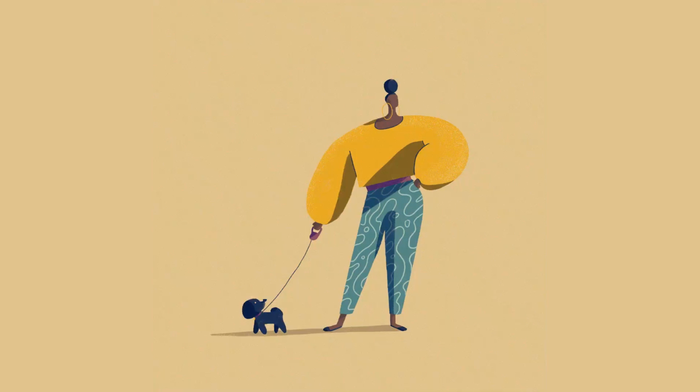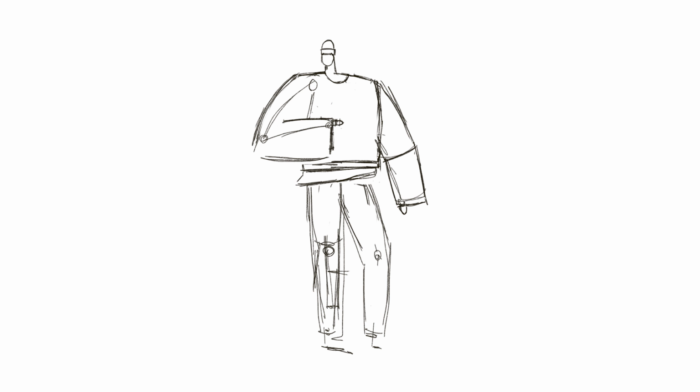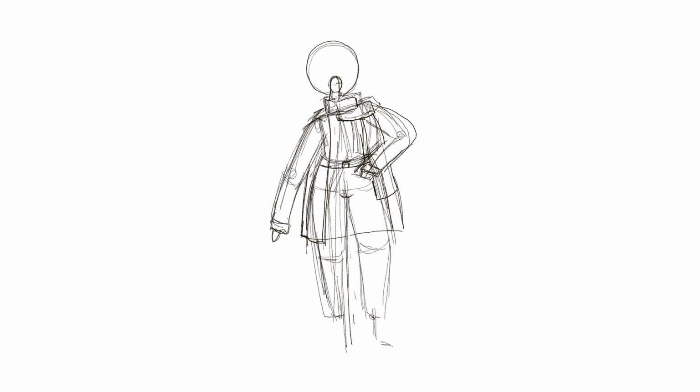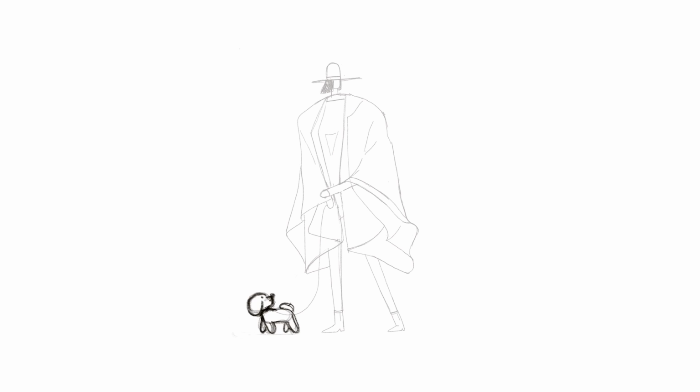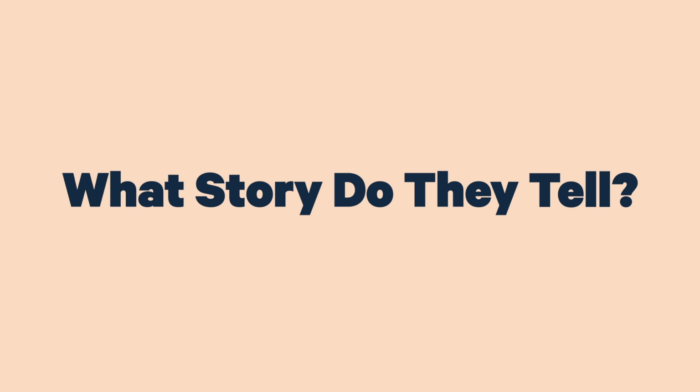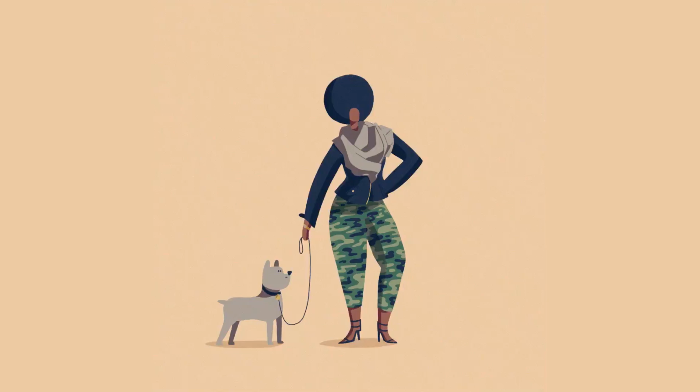Once I have a good idea for the character, what they're wearing and everything, and their look, and how they're standing, what they're doing, I start to think, okay, now what dog would pair well with them? What kind of story are they going to tell when they're together? I try to look for any kind of story in there. Sometimes I'll see it right away, and be like, oh, well, obviously you're going to have a pit bull.